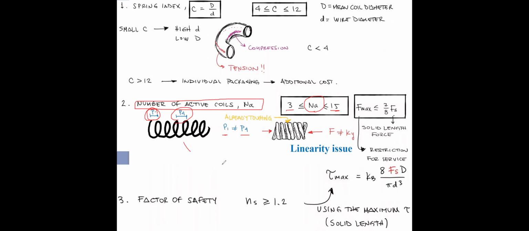That means there is a linearity issue, right? So when this spring is subjected to compression, the deflection is not linear with the force applied. So it's not a linear behavior anymore.